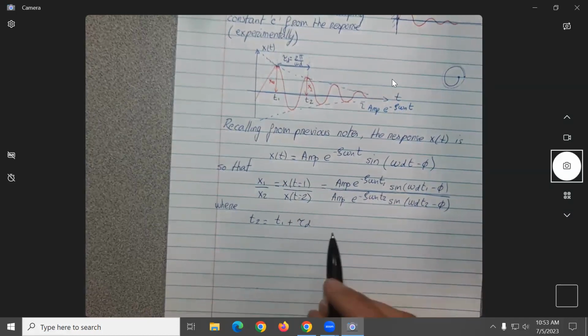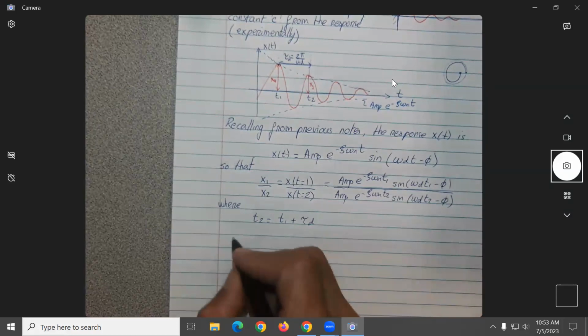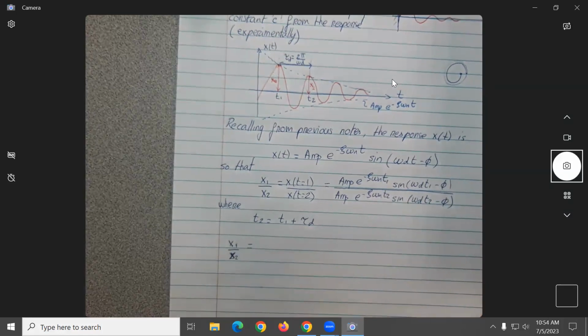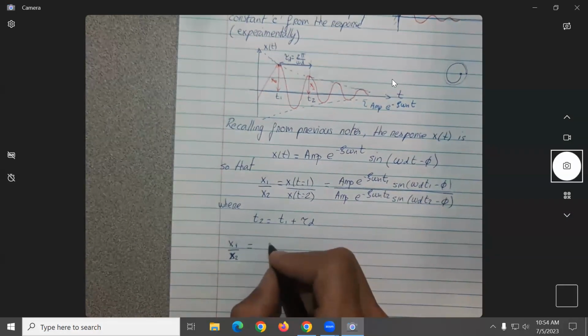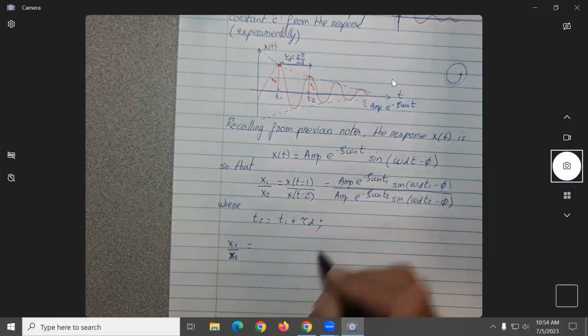Okay, so knowing this, we can rewrite x1 over x2. Let me just do one thing here on the side, to be more specific.